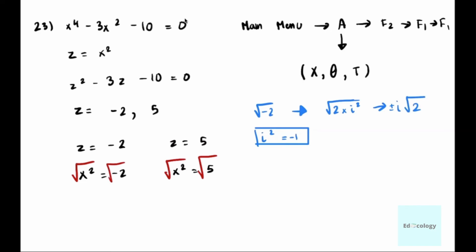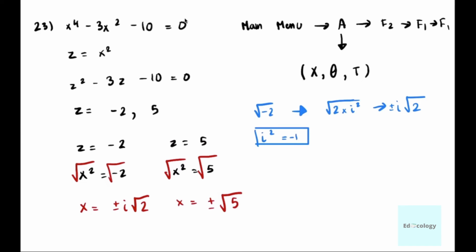So this is how you do the square roots over a negative number. You have to use imaginary numbers. Okay? So x will be equal to positive and negative I radical 2. X squared equals 5 will become x equals positive and negative radical 5. Okay? And this will be your answer.